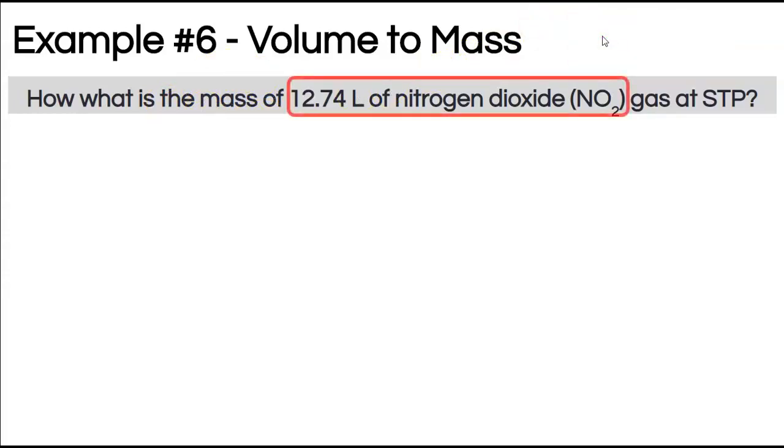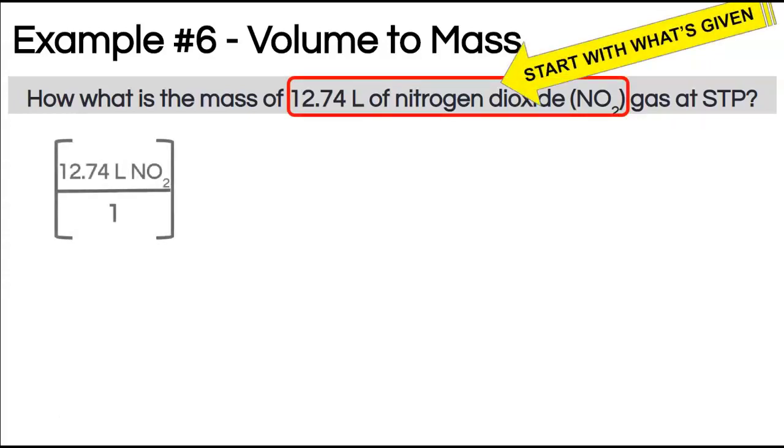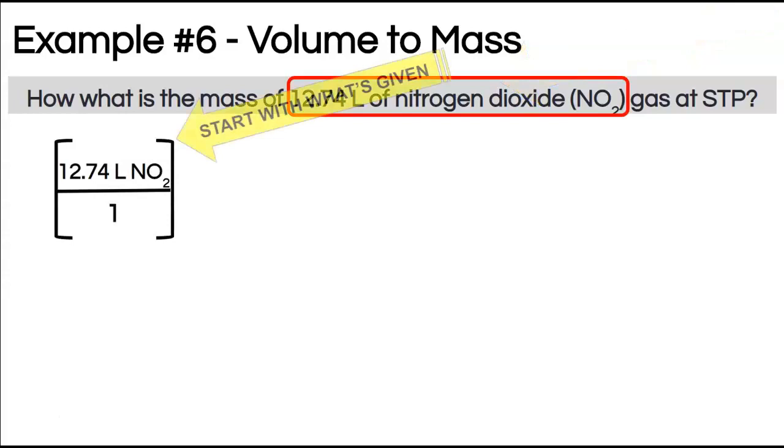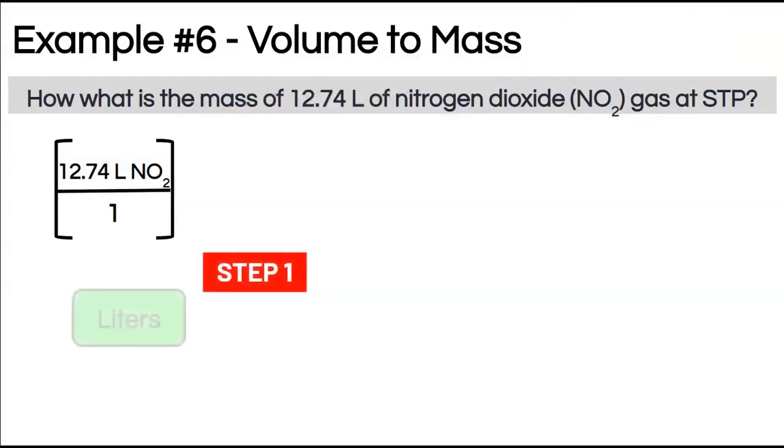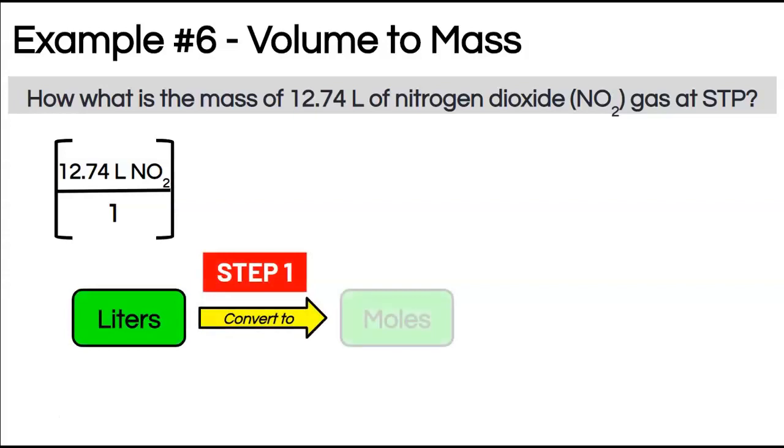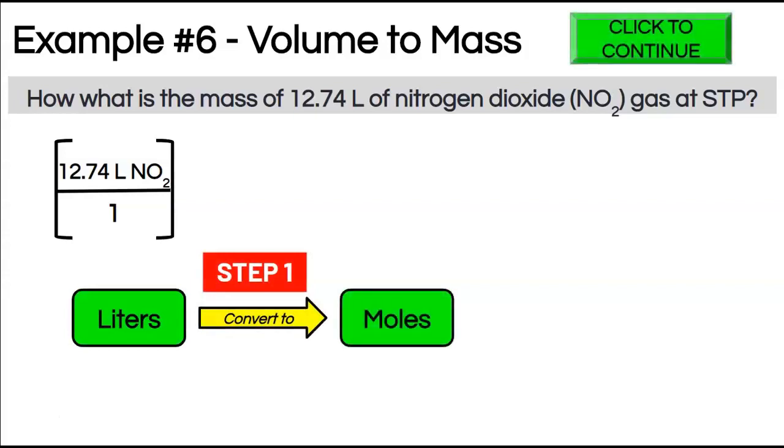First thing we're going to do is we always start with what we're given. We were given 12.7 liters of nitrogen dioxide gas, and that's going to be our beginning conversion factor. The next thing, these are two-step processes. Step number 1 is we're going to convert our liters into moles.